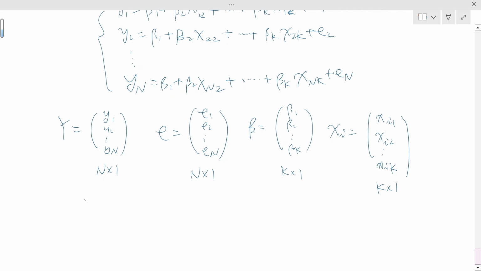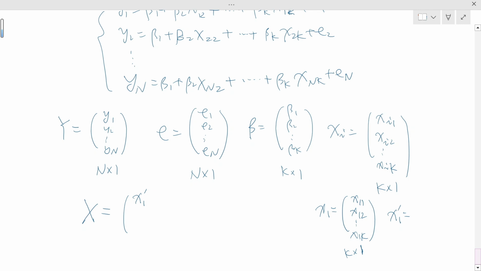So then the bigger X is just x1 prime. Remember this prime is transpose. For example, x1 is equal to x11, x12, up to x1k, a k by 1 matrix.